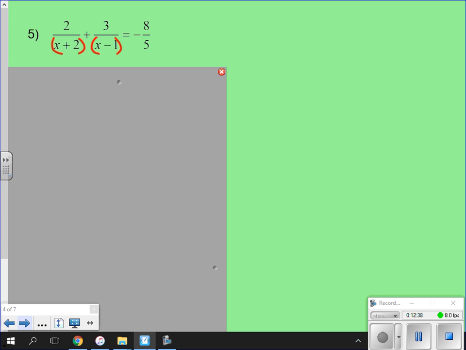If you say 2 divided by x plus 2, it'll take 2 divided by x and then add 2 to that whole thing. If you don't put parentheses around the x plus 2, your calculator will think you're only dividing the 2 by x. You're not dividing 2 by x plus 2. You have to be explicitly clear in how you type things in, and you have to put parentheses around whatever. Okay?